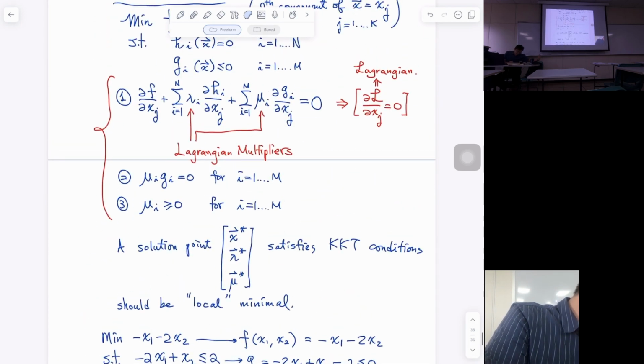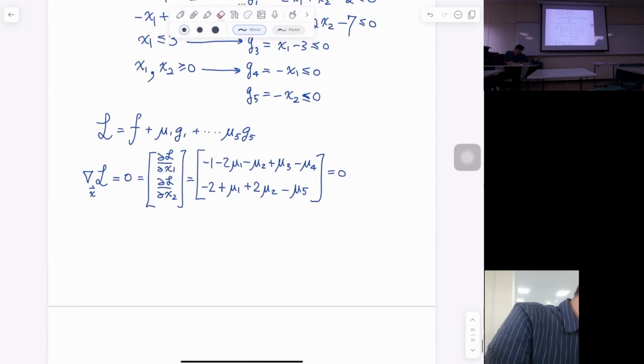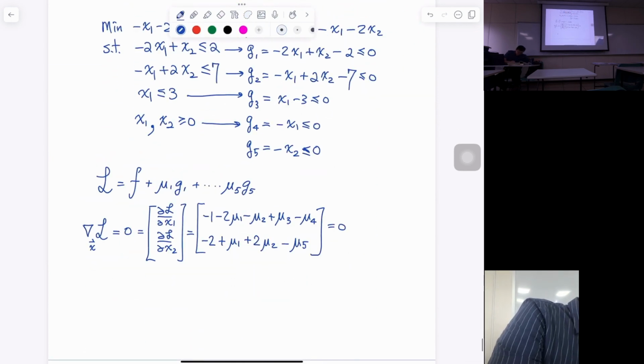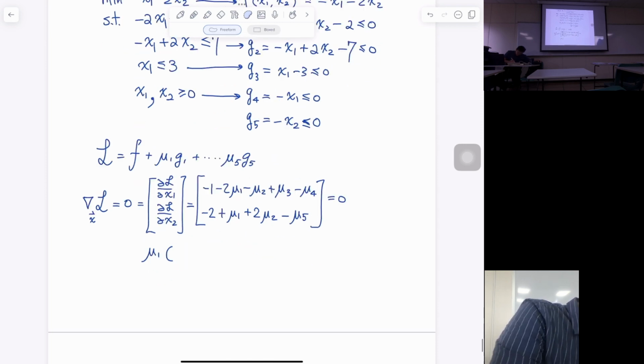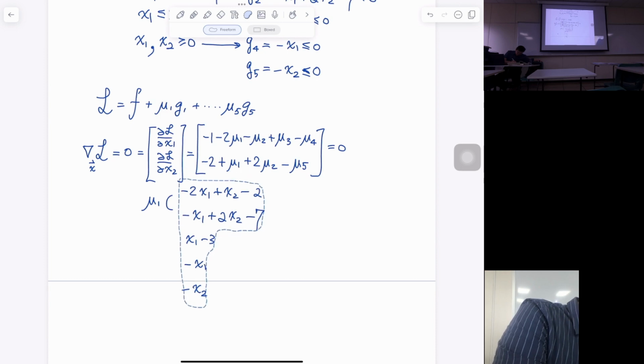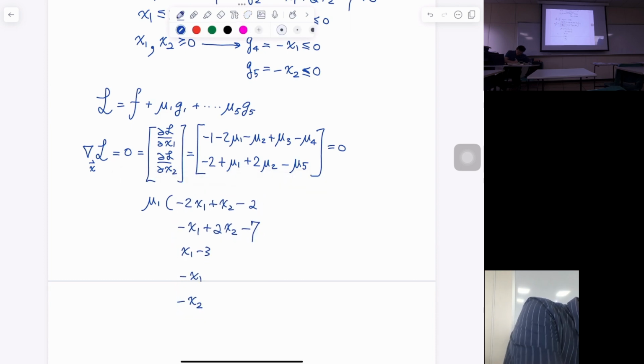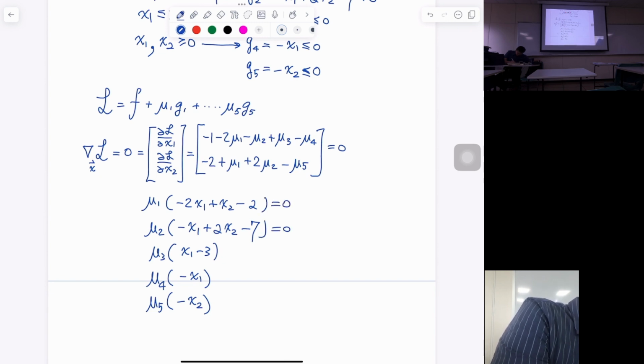Then I need mu i times g i equals 0. So mu1 times, well, I can copy this one. Paste. mu2, mu3, mu4, mu5 equals 0.